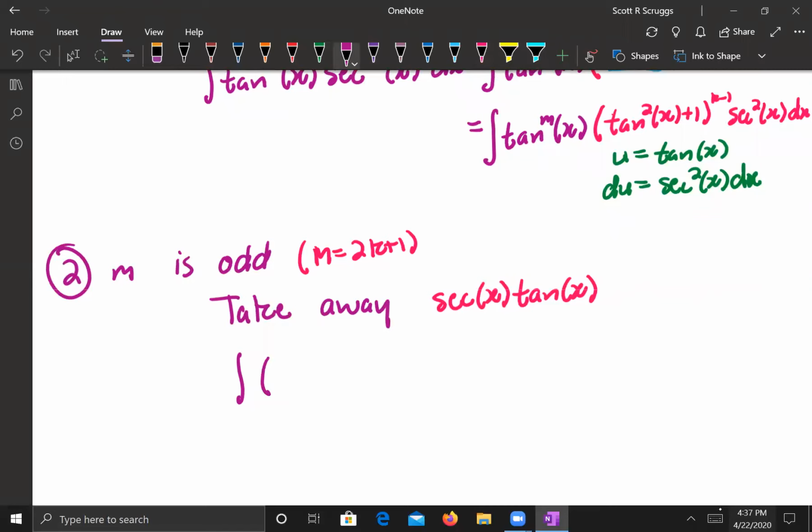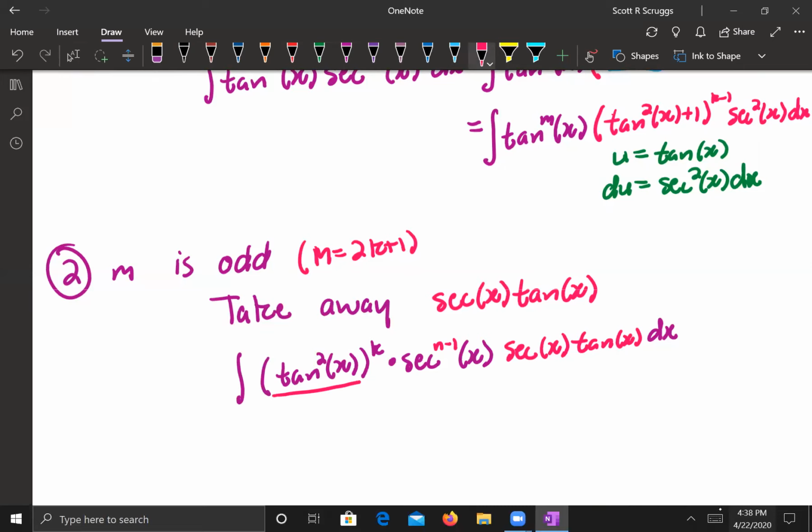When I take one tangent away, I'll have a tangent squared to the k power times a secant to the n minus 1 power of x. And then I have a secant of x times a tangent of x with a d of x.